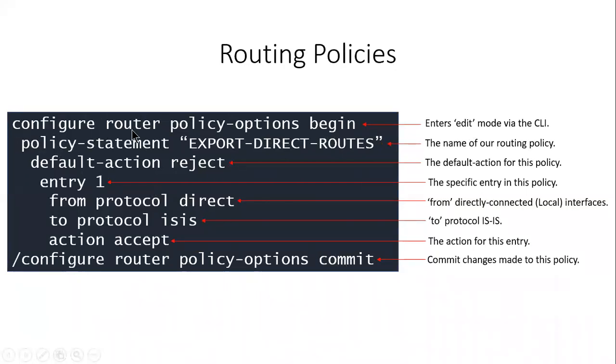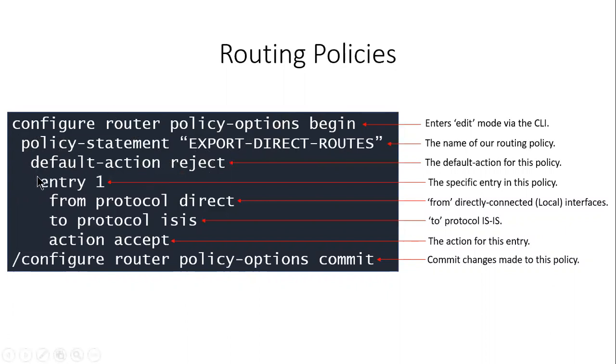So first, we're going to enter the policy options edit mode. After that, we're going to define our policy statement, or our actual routing policy, which in this case is going to be named export direct routes. And I just usually do this out of habit, it's probably a best practice, but specify the default action first.